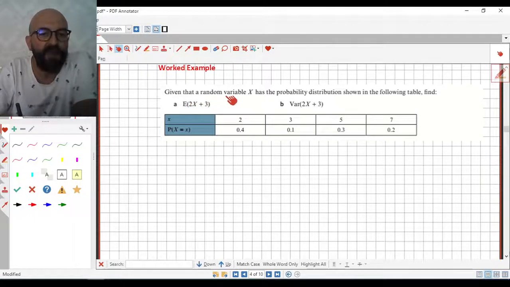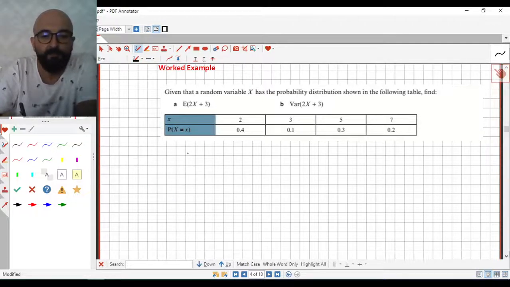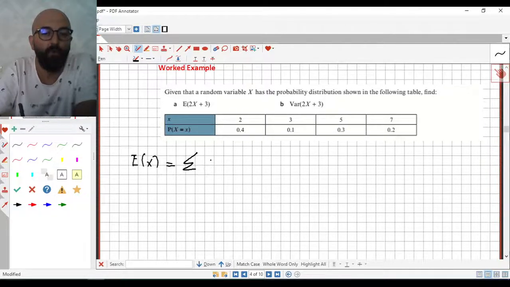Given that a random variable x has the probability distribution shown in the following table, find the expected value of 2x plus 3 and the variance of 2x plus 3. Beforehand, we should find the expected value of x. The expected value of x means the sum of x multiply probability.